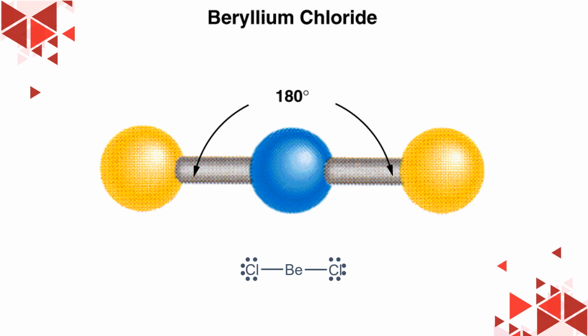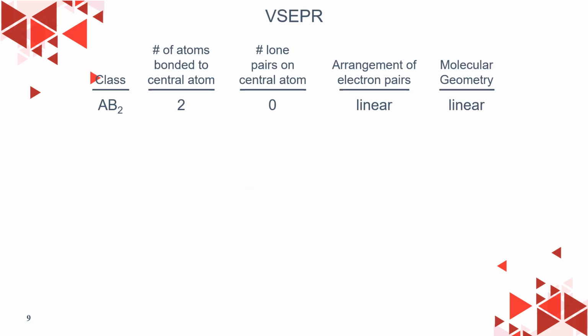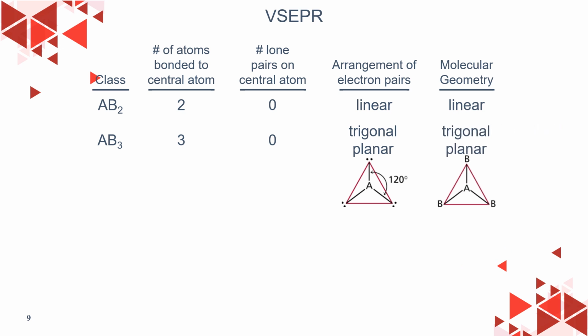Beryllium chloride we have already discussed. Now if I have one central atom with three bonded atoms and no lone pairs on the central atom, as mentioned before, the space around the central atom will be divided into three, making the molecular geometry trigonal planar.